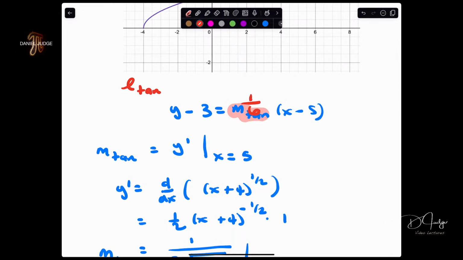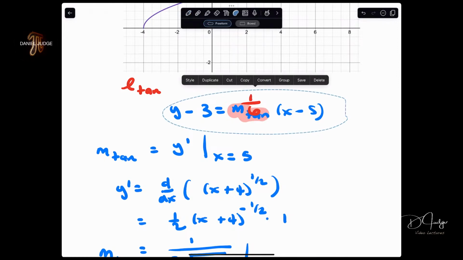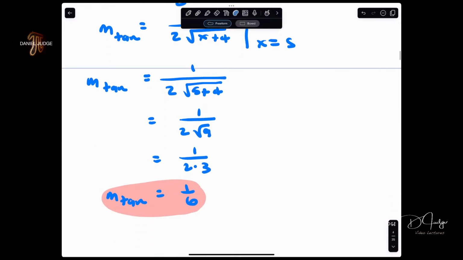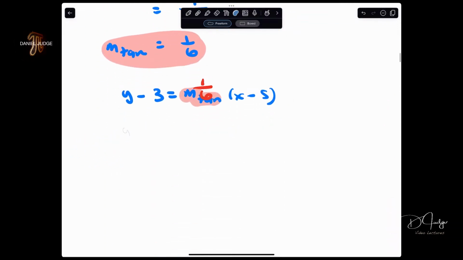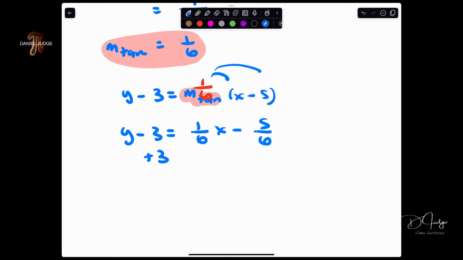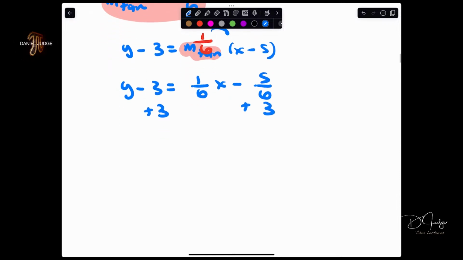Now, doing some arithmetic on this, we copy that. We're going to get y minus 3 is 1/6 x minus 5/6, because we're going to distribute the 1/6. So if I add 3 to both sides, we get y equal to 1/6 x minus 5/6 plus 3.